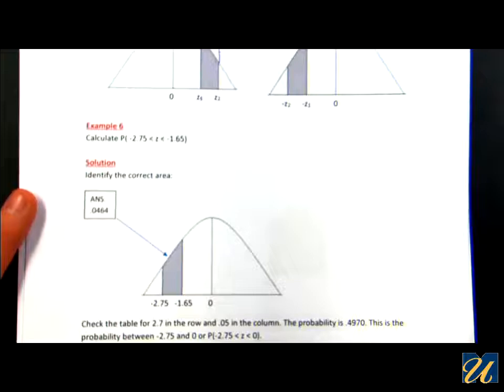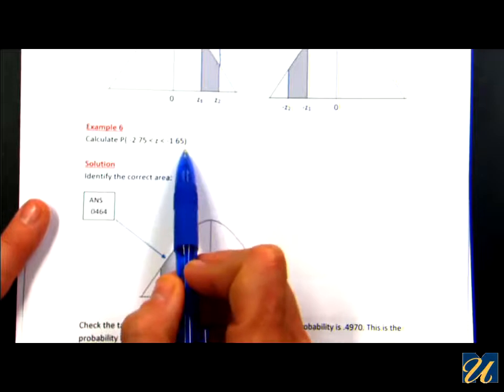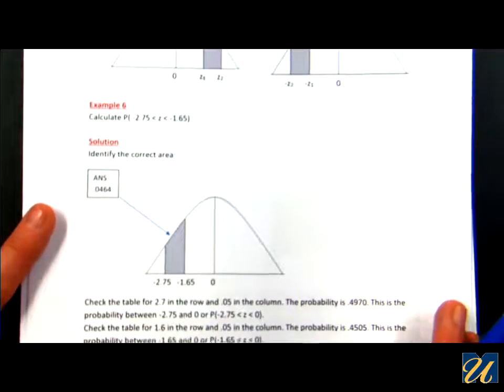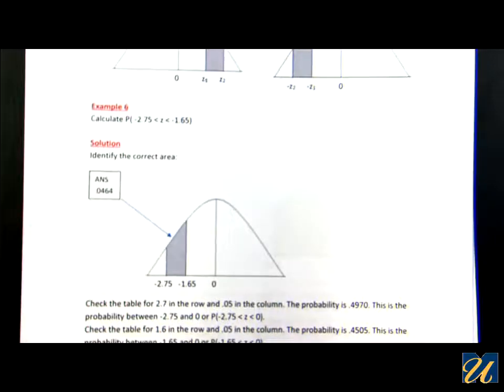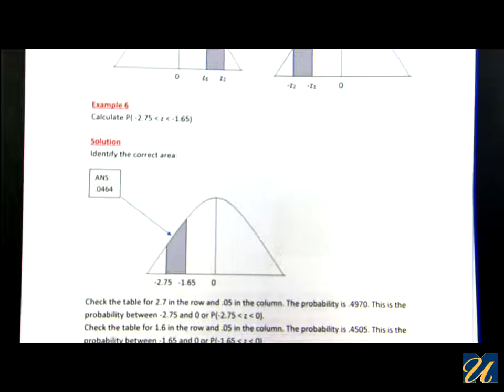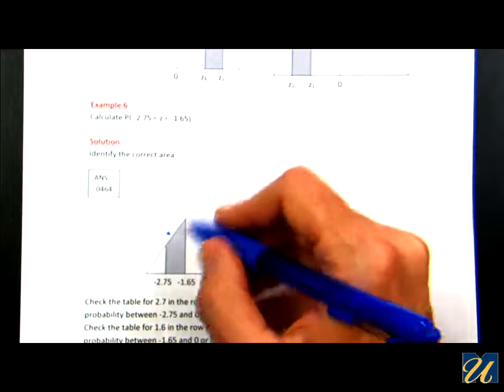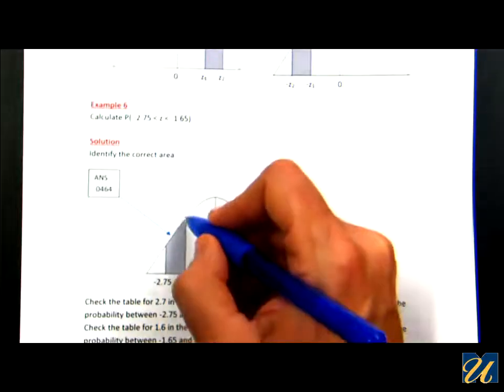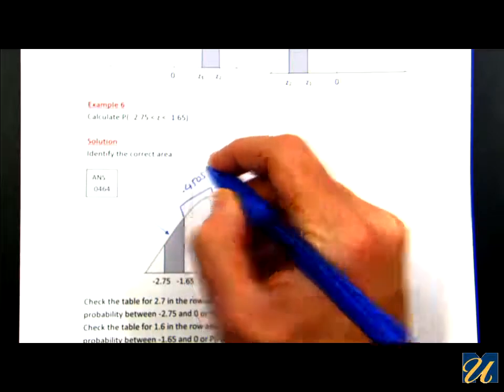We are looking for the probability where the z-score is between negative 2.75 and negative 1.65. If you check the table, we take the absolute value 1.65, you're going to have 0.4505. So this area here will be 0.4505.